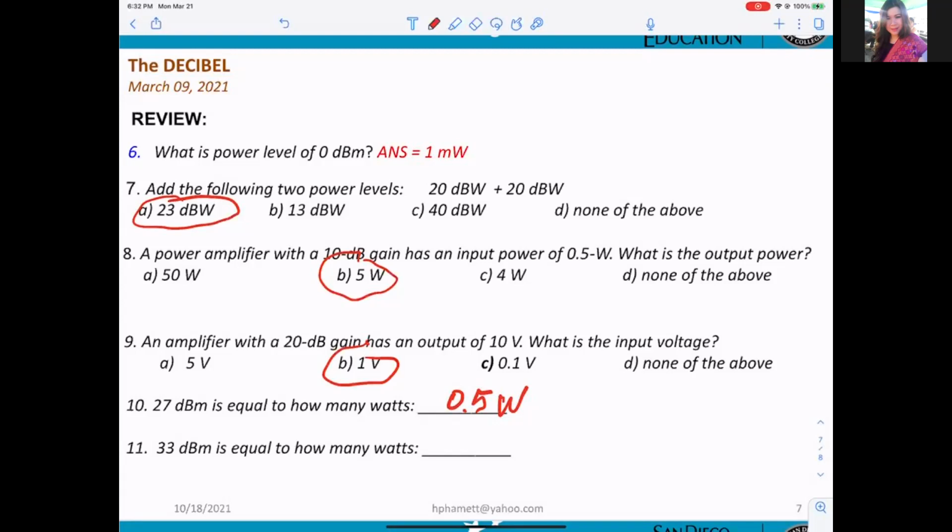No, this one is 2 watts. That's correct. What number? Number 11 is 2 watts.